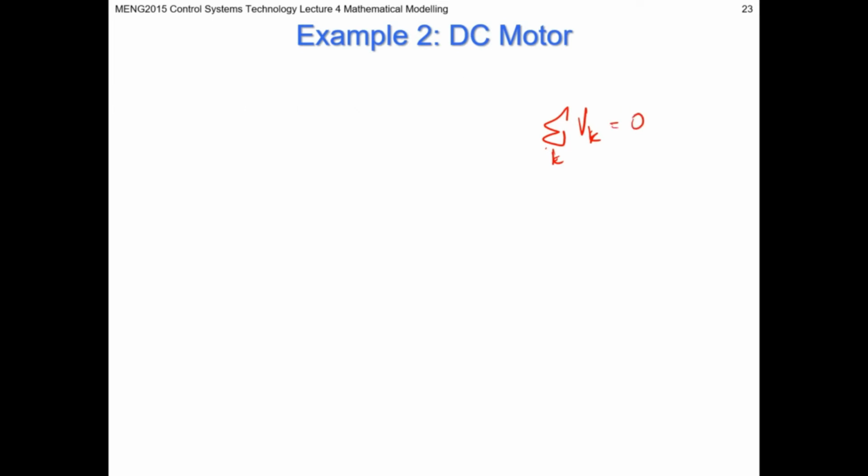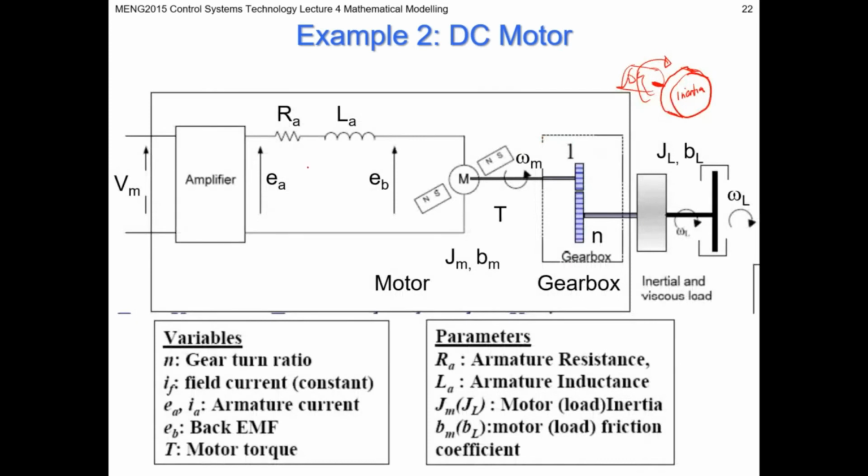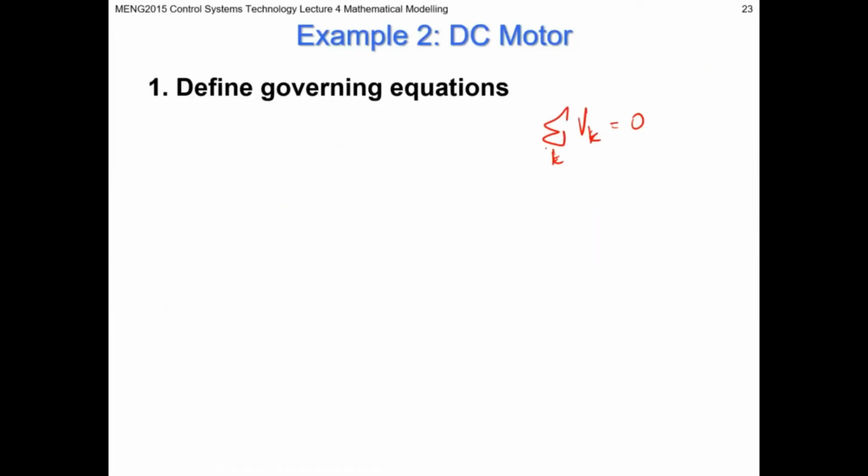Applying this to our circuit, the driving EMF, minus our voltage loss due to resistance, minus our voltage loss due to the inductance, minus the voltage loss due to the back EMF, is going to equal 0. So that's the first equation we have.